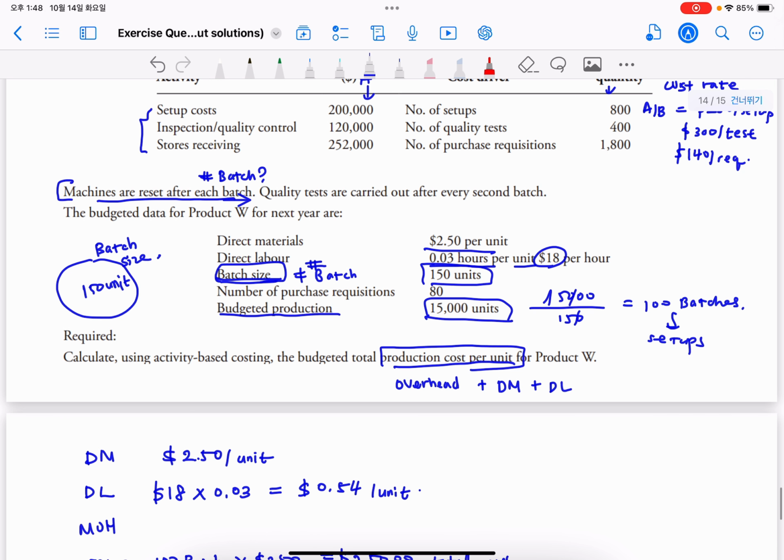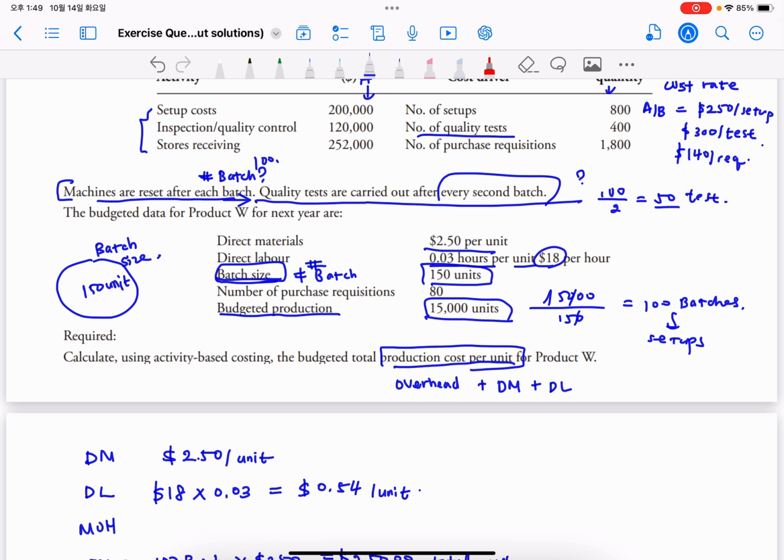Now for the test, we want to know how many tests there are for this product. It says that quality tests are carried out after every second batch. Note that there were 100 batches, right? And if quality tests are carried out every second batch, how many tests? That's going to be exactly half of 100, which is 50, right? So 50 tests.